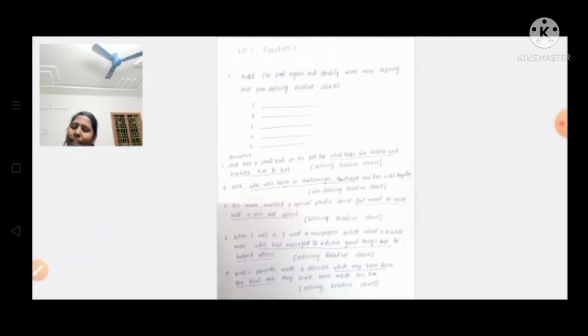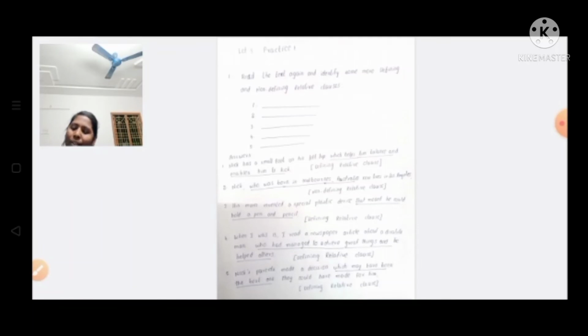The first one is: Nick has a small foot on his left hip, which helps him balance and enables him to kick. The sentence is a defining relative clause.